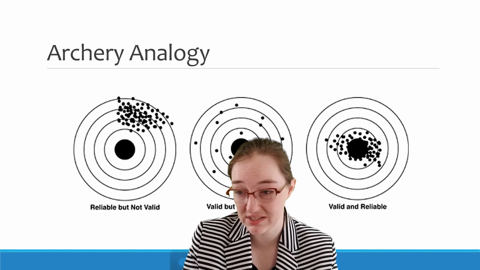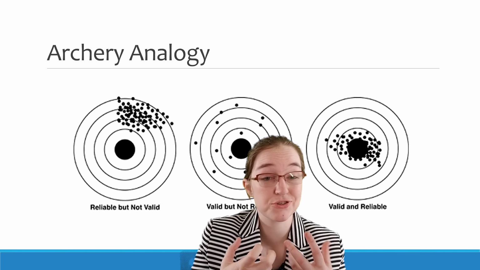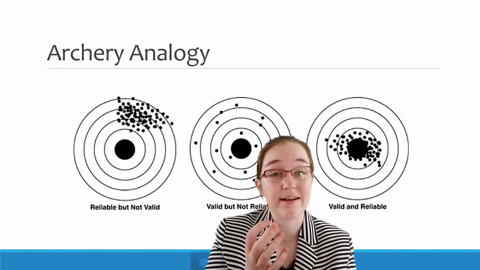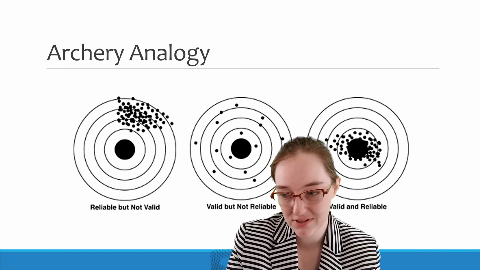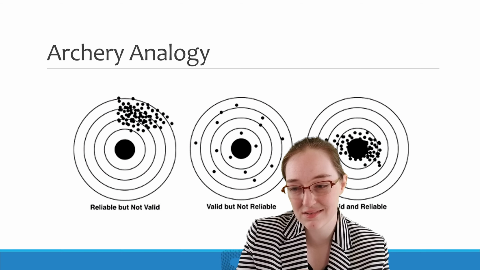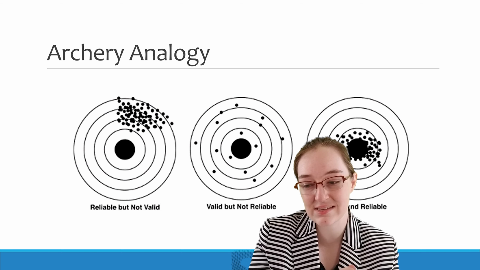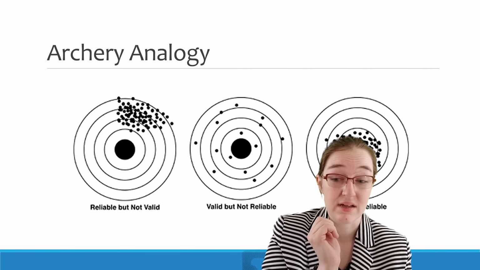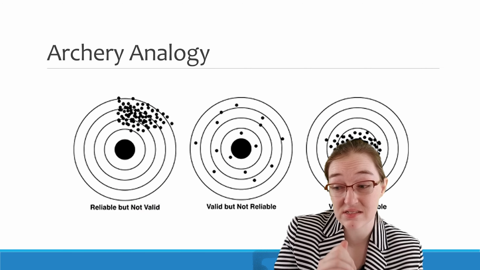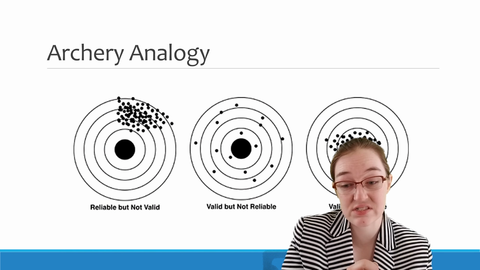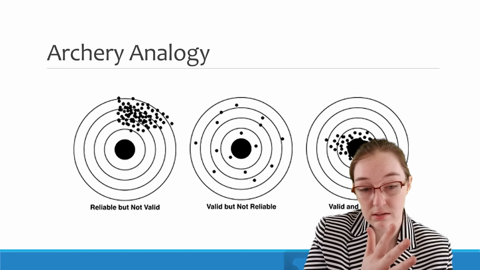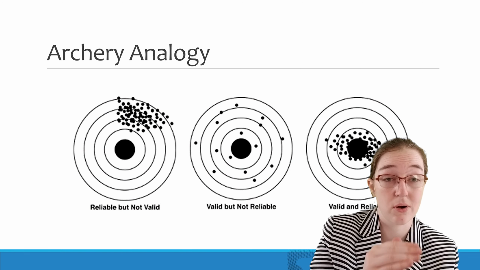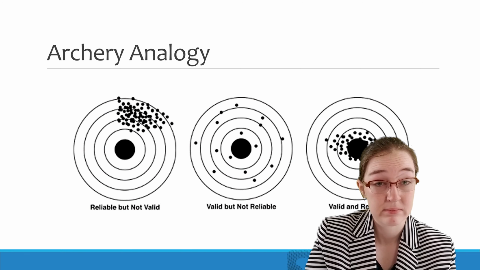So in that case, we're consistently measuring what we intended to measure. So a key assumption here in this analogy is that our archers are actually skilled and any errors in their shots are due to the measurement process itself. So instead, we could think of consistently hitting a nearby tree as maybe evidence of a reliable test given to someone who simply is missing the mark because they don't know how to aim or where to aim.